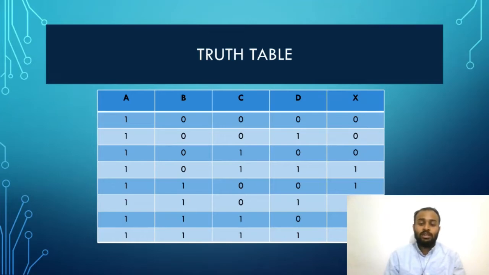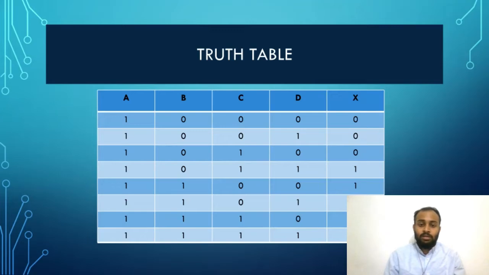vault as Y. So from column number 5, row number 1 and 2, we can see that manager and assistant manager are present and the vault Y is opened.